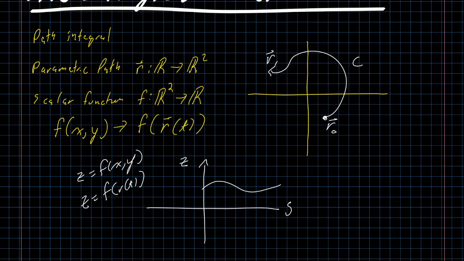All right, so what we're looking at is translating this function of two variables by taking this path, and we're going to call this path our s-axis. And we're going to integrate over this curve f ds.